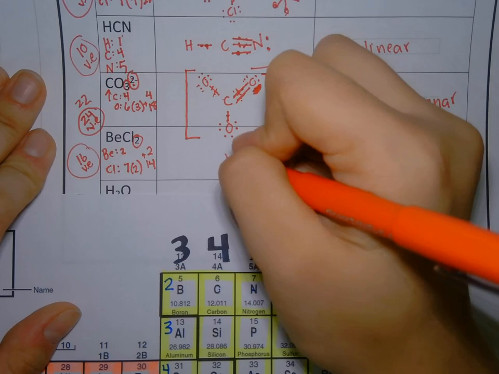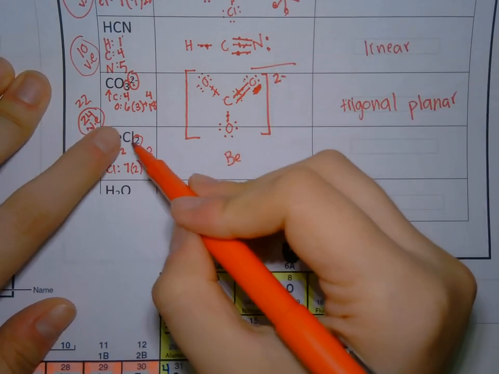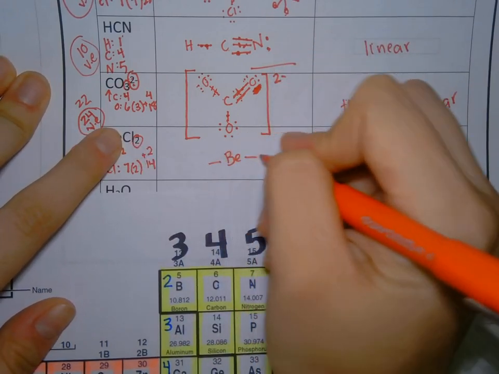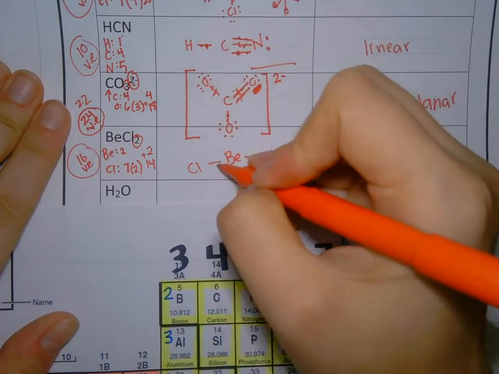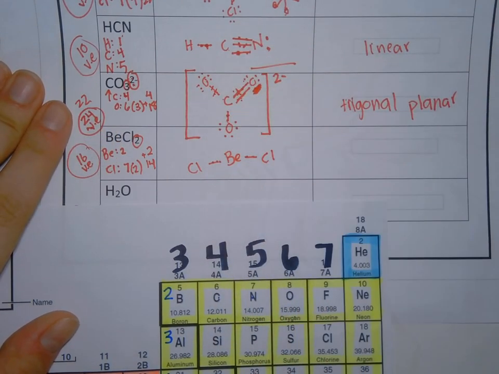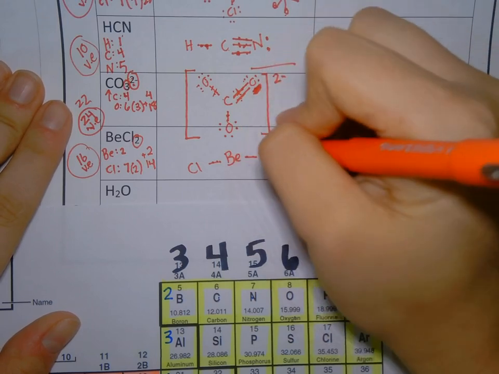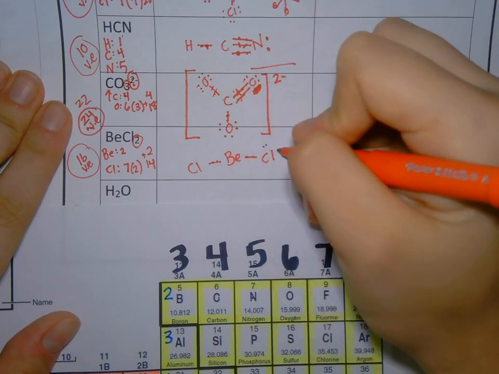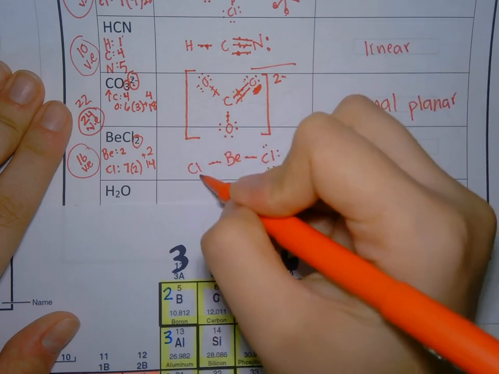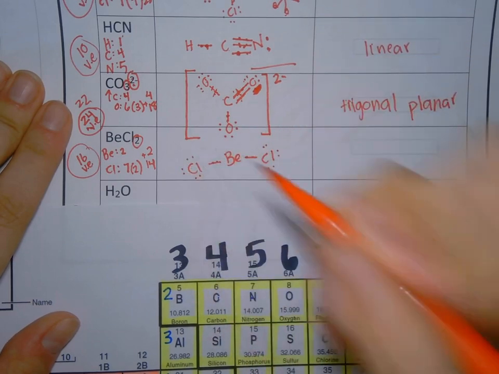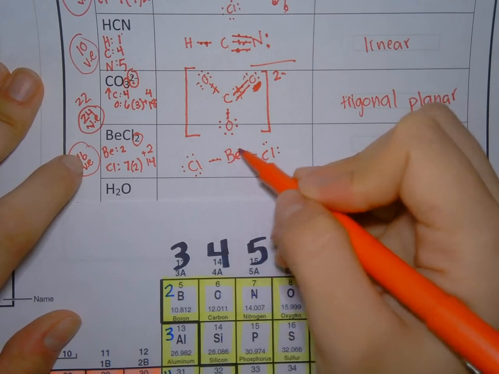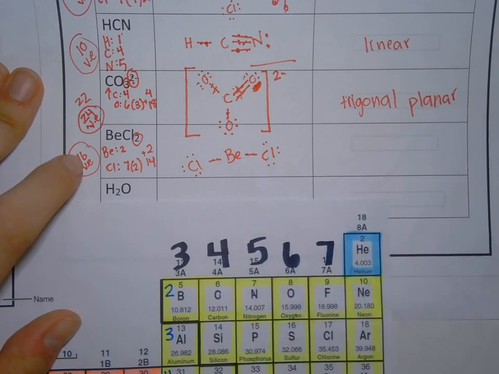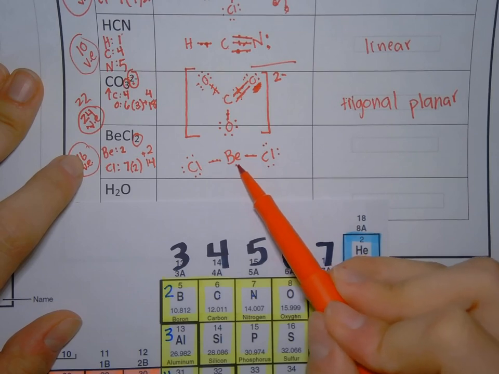So I'm going to start with my Be in the middle because there's one of that and 2 chlorines. So I'm going to connect them like this, surrounding my beryllium. So I have 1, 2, 3, 4 valence electrons so far. Let me try to fill in chlorine. 5, 6, 7, 8, 9, 10, 11, 12, 13, 14, 15, 16. That's it. I'm done. And then you're like, well, wait, beryllium doesn't have 8 electrons around it. Remember, beryllium is an exception.